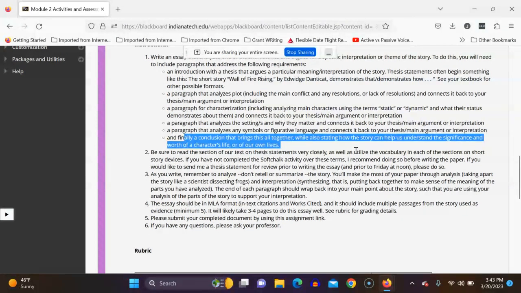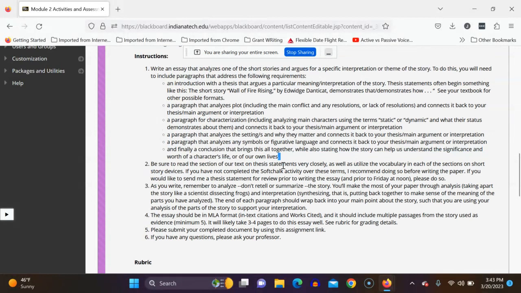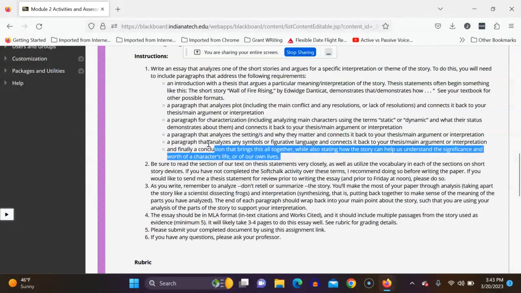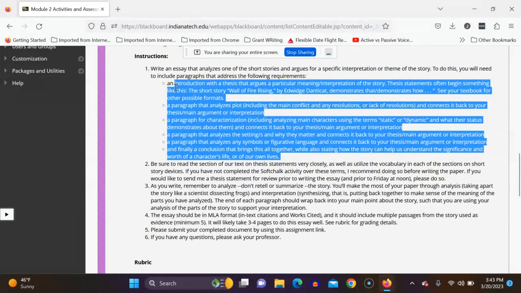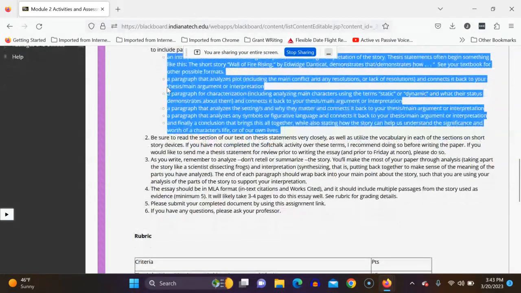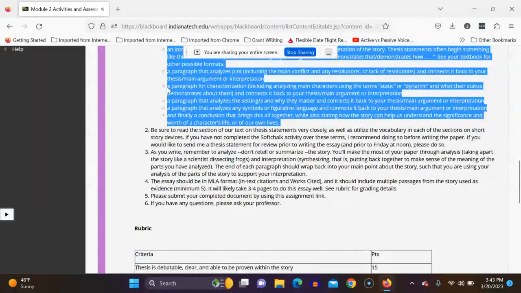Okay. So again, make sure that you follow these instructions. Make sure that you can understand that has read your story. So you don't need to summarize it ad nauseam.